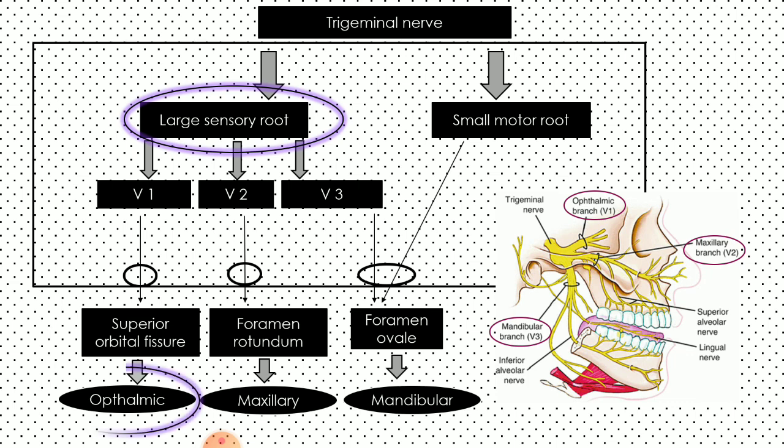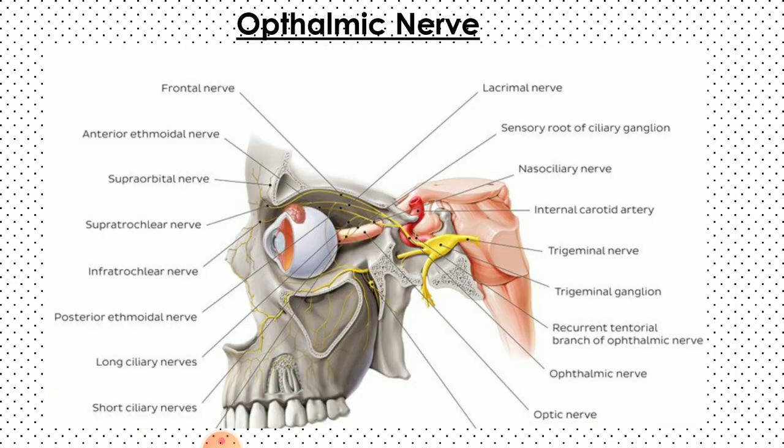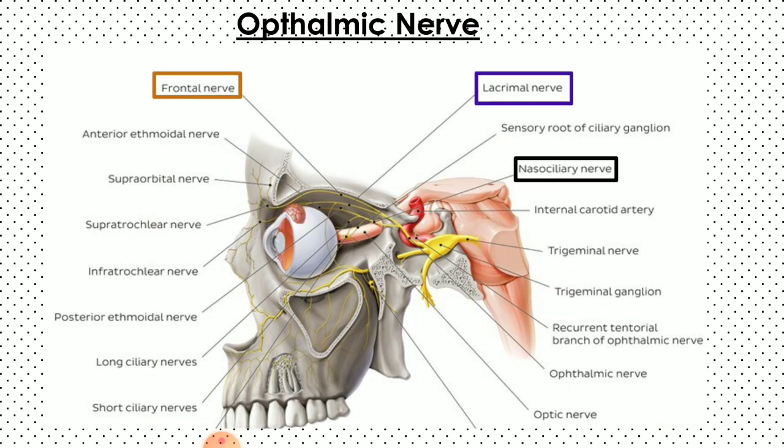So we'll be focusing on the ophthalmic nerve first. Before entering the orbit, the ophthalmic nerve gives off three main branches: the nasociliary nerve, lacrimal nerve and frontal nerve. These three main branches enter the orbit through the superior orbital fissure, and on entering the orbit, these nerves give off several branches.